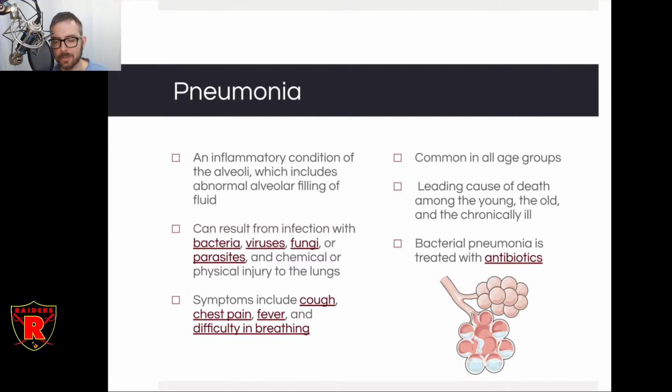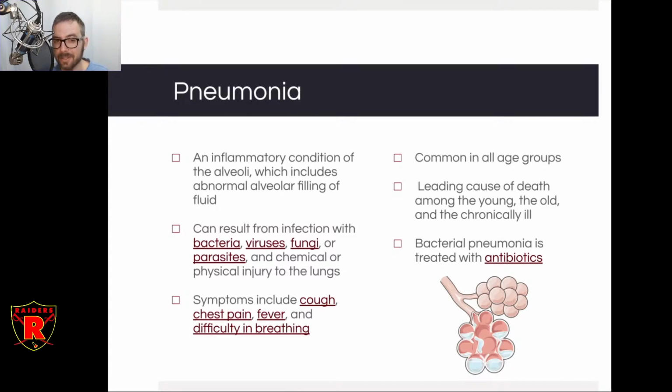You can get it from bacterial infection, from a viral infection. There are fungal infections that cause pneumonia, parasites that cause pneumonia. You could get a chemical injury, so you could breathe in a chemical that potentially irritates your alveoli. You could get a physical injury to your lungs. In other words, a stab wound or something like that could potentially cause damage to the alveoli, which could potentially lead to pneumonia.